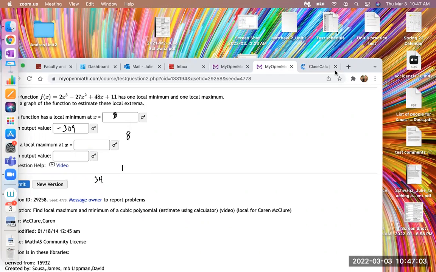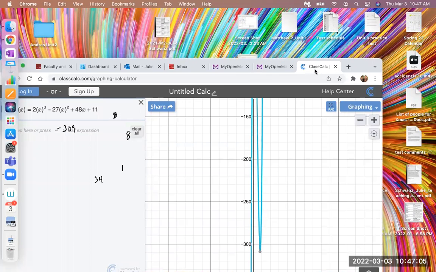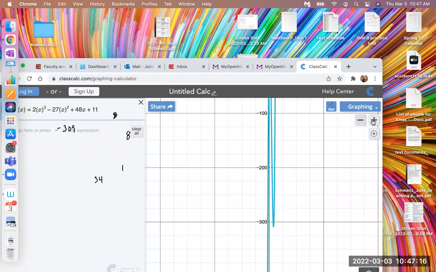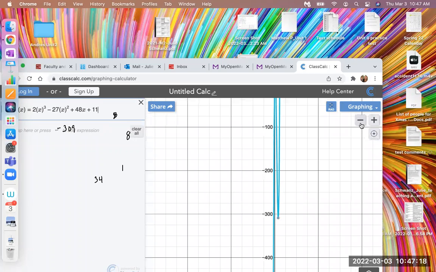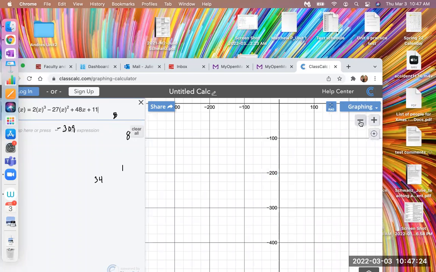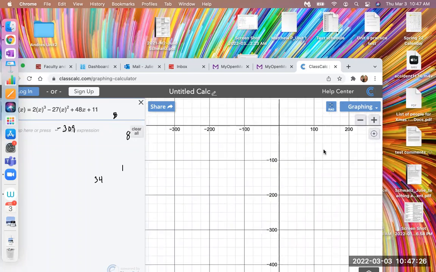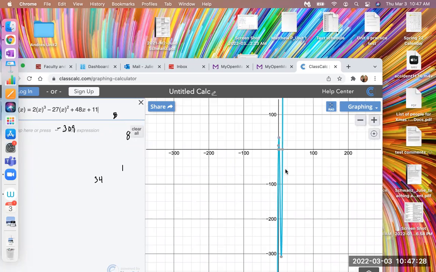Okay, so x was 8, and negative 309. Now, let me just talk a little bit more. When I first saw this, I first just graphed this and pressed enter. I saw something like that, and I could not really recognize where the valleys are and where the peaks are.